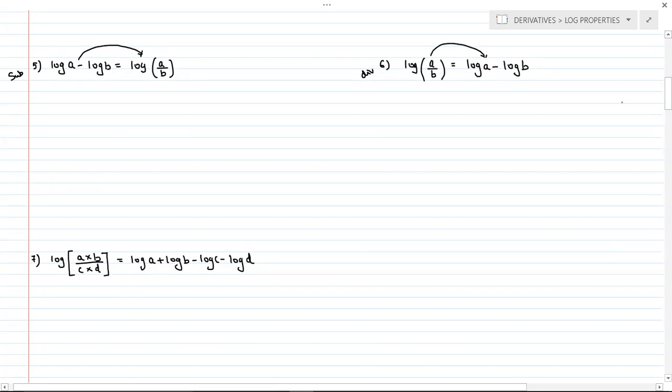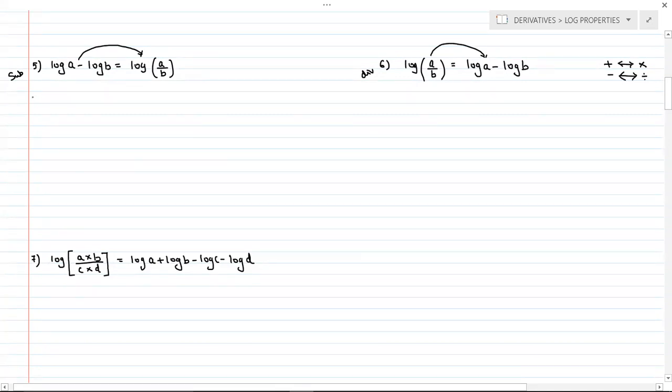Okay, so here in simple language, you can remember like this: plus will get converted into multiplication, and multiplication will get converted into addition. Subtraction will get converted into division, means divide, and division will get converted into subtraction.